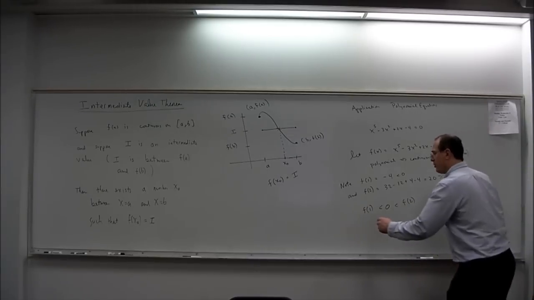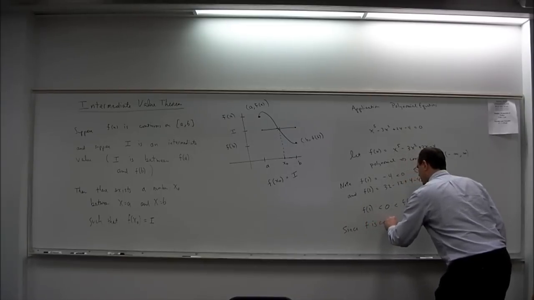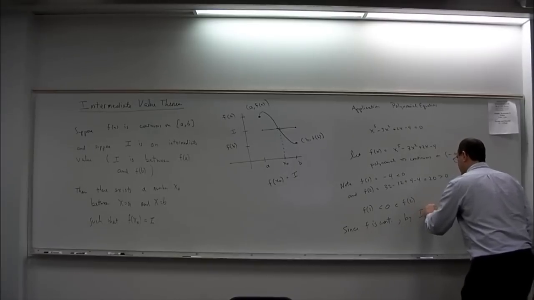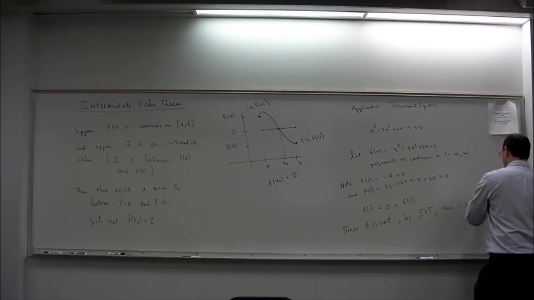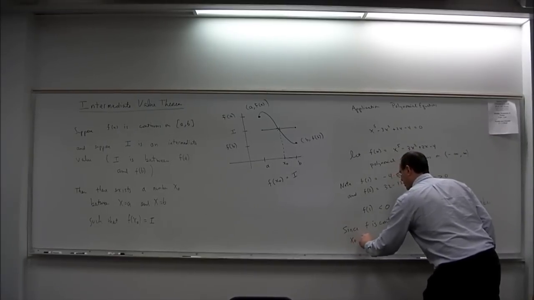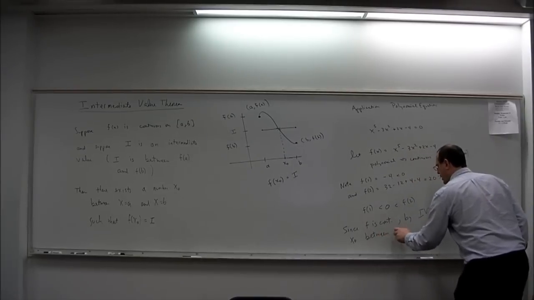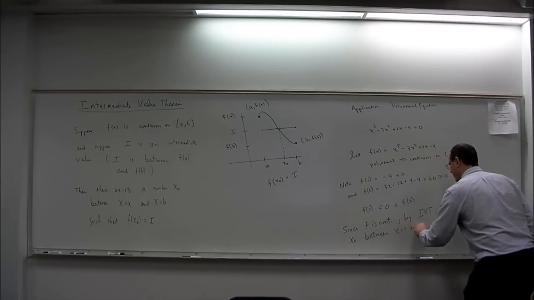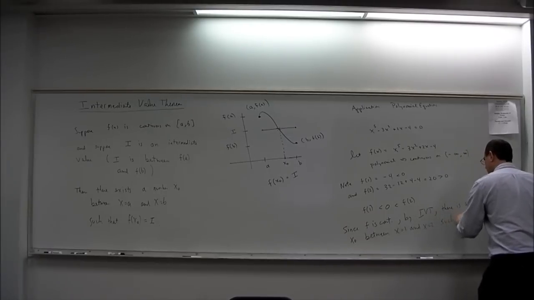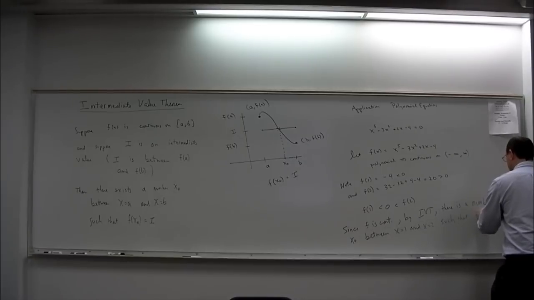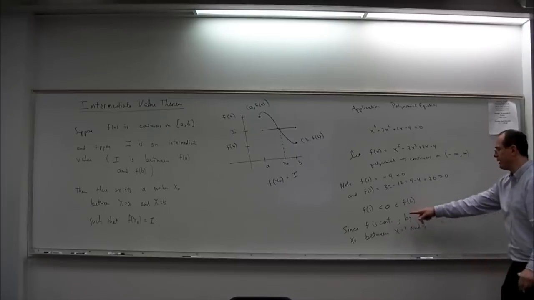So now by the intermediate value theorem, since f is continuous, there is a number x0 between x equals 1 and x equals 2, such that f of x0 will equal 0, my intermediate value.